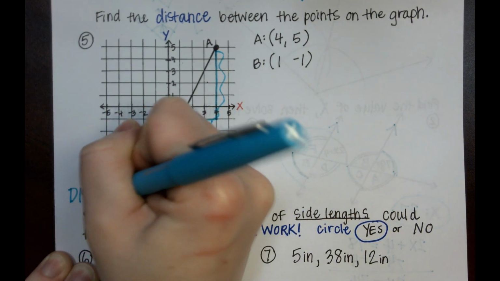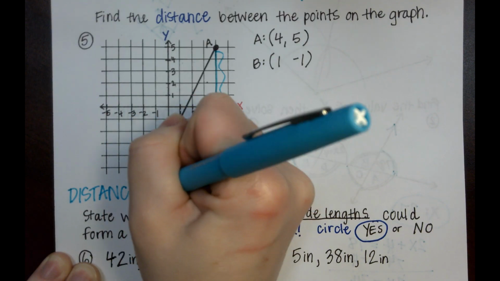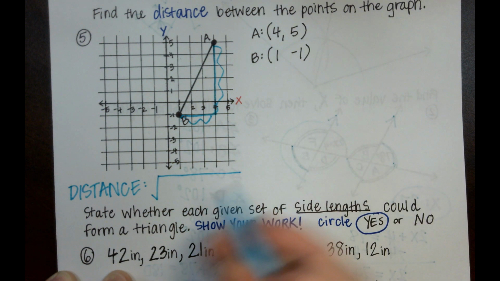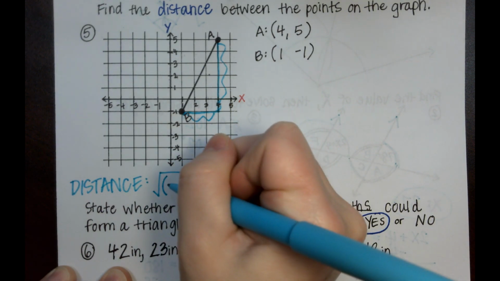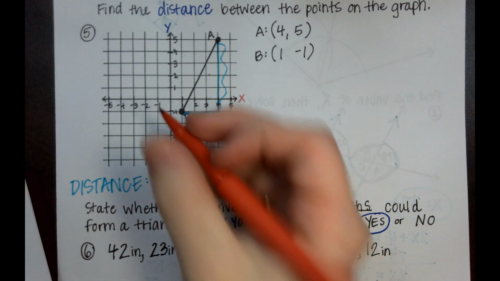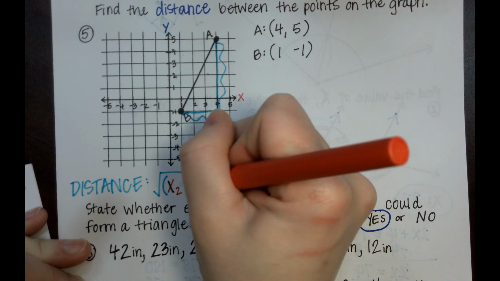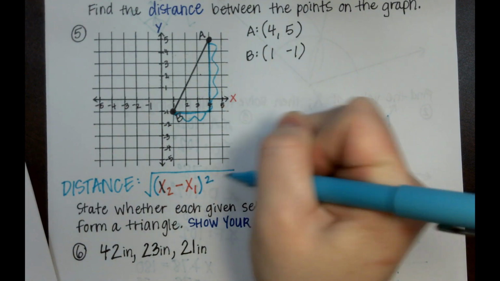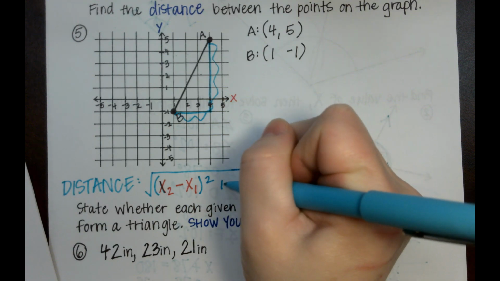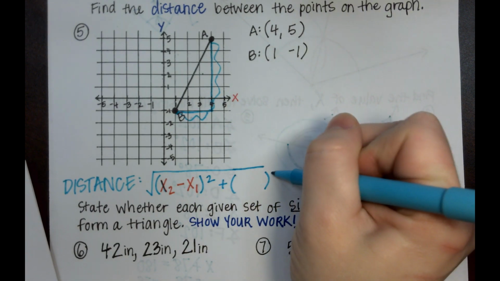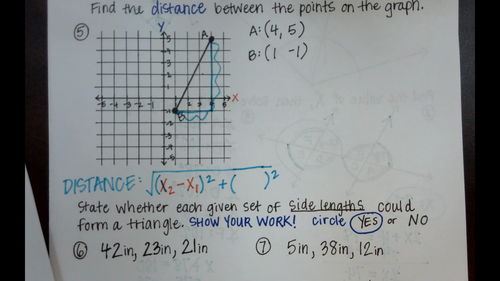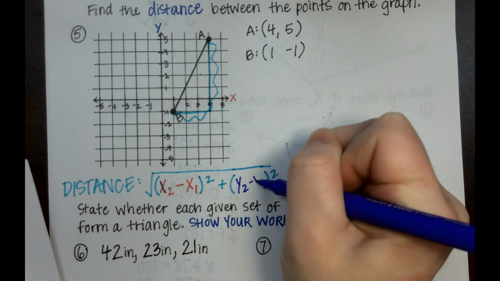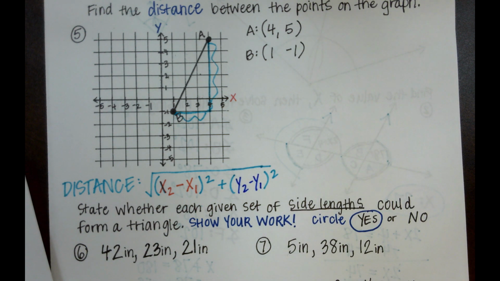The distance is the square root of, I'm going to use colors, red, x2 minus x1 squared plus y2 minus y1 squared. This one has to be x2 to x1, y2 to y1 because it's a chart.